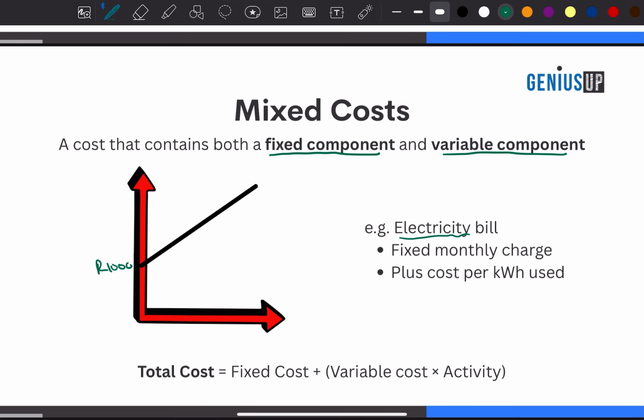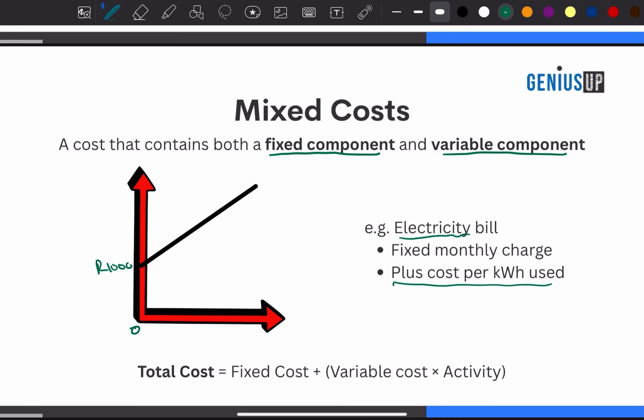Whether you use electricity for that month or you don't, as long as you're connected to the grid, you have to pay 1,000 rand. So that's a fixed cost.